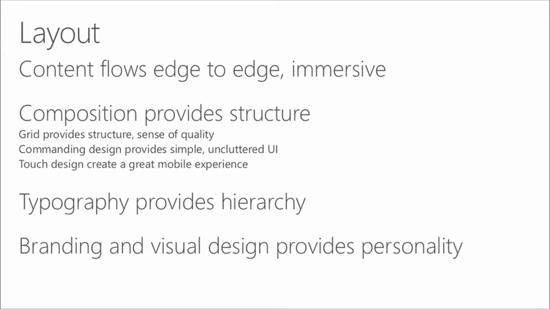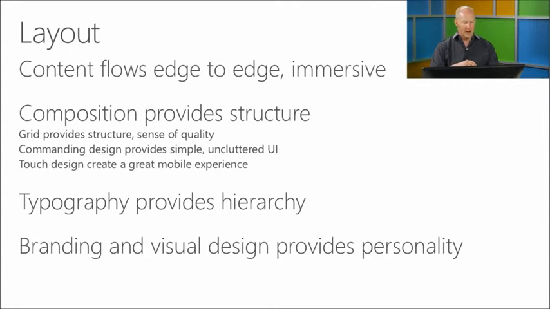And we provide structure of composition through a consistent use of the grid, the same grid that you would use in page layout or layout for the web, right? And use the content itself and those edges of content to provide the structure. Doing that consistently across all the pages with a consistent silhouette for your app provides that sense of quality and makes it really look crafted.